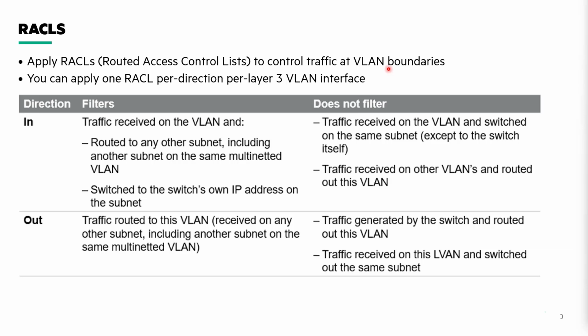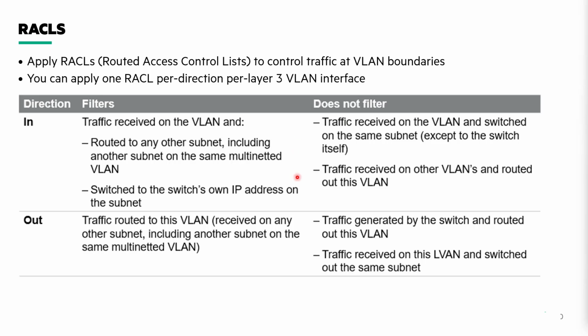You can apply one per direction per interface, so you can have one in and a different one out. You can't apply the same one out, so there will be a different one out. That's the criteria for which traffic is processed and filtered with permit or deny, and which traffic is not filtered.